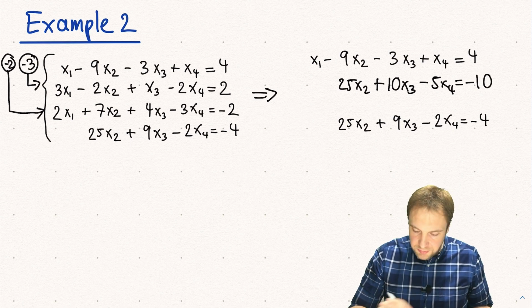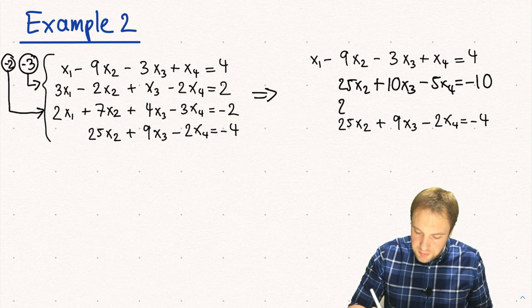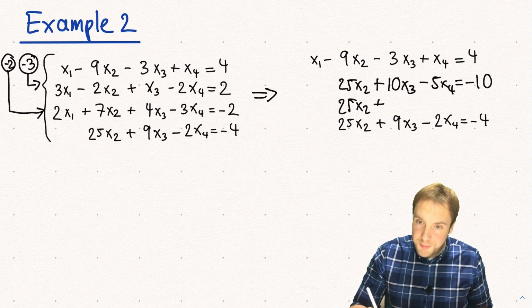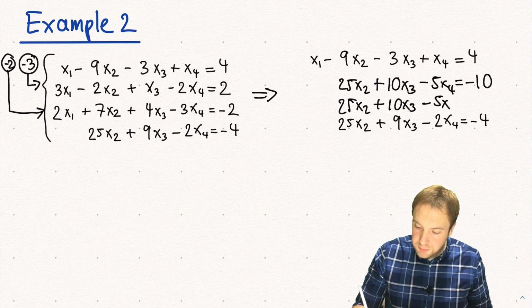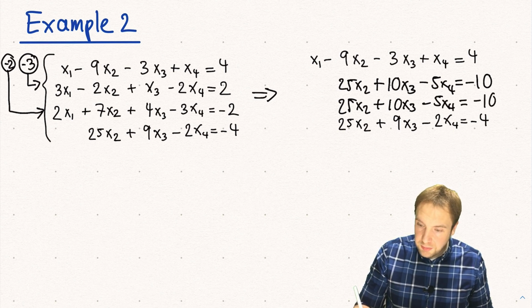And the third equation, we get rid of this x1 and we get 25 x2 plus 10 x3 minus 5 x4 also equals minus 10.